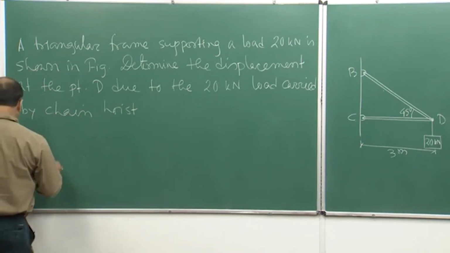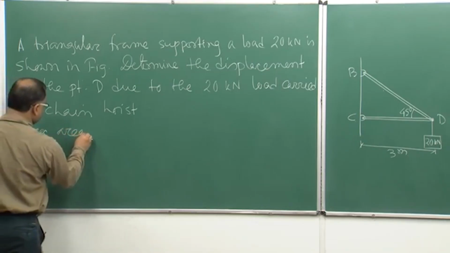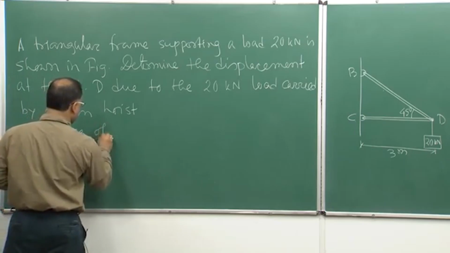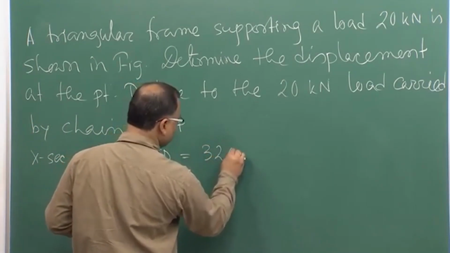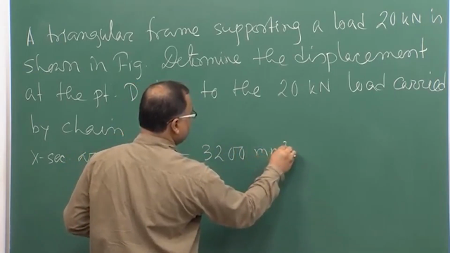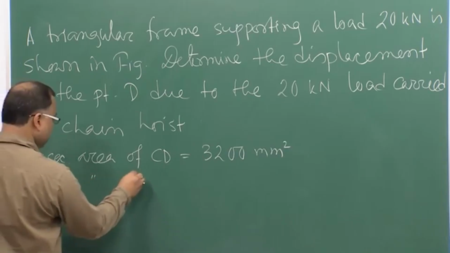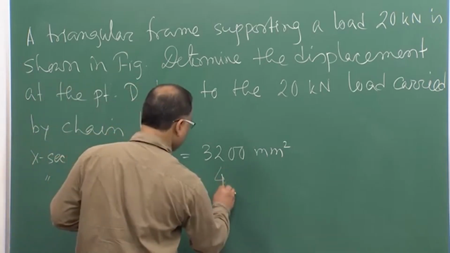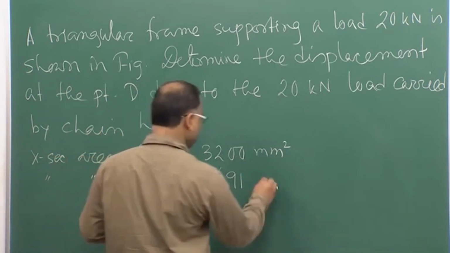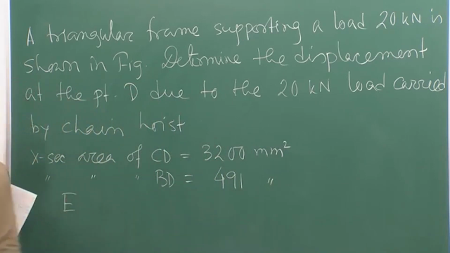Where it is given the cross sectional area of CD equal to 3200 millimeter square, cross sectional area of BD is equal to 491 millimeter square, and both the members are made of the same material.